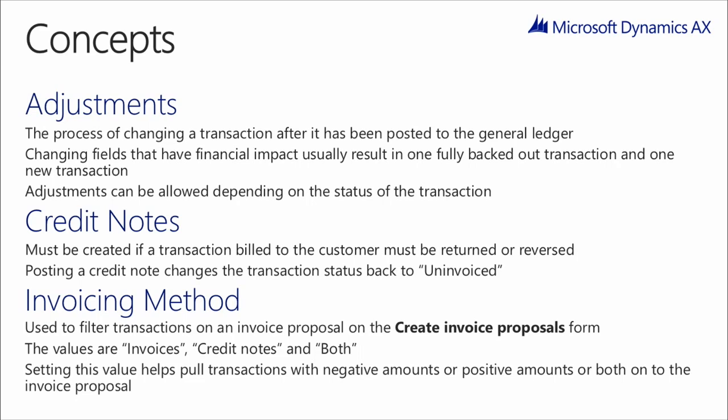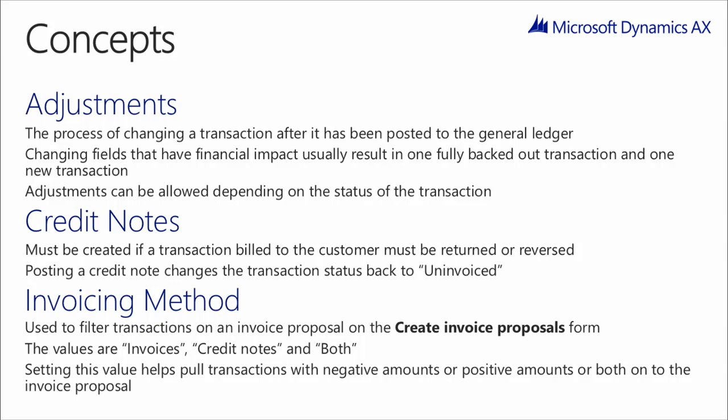Credit note is the process of returning something to the customer that has already been invoiced. It is different from adjustments in the sense that a credit note, once processed, returns the amounts to the customer, and then the transaction becomes available to be billed to the customer one more time. Posting a credit note makes the transactions that have already been invoiced become chargeable again.